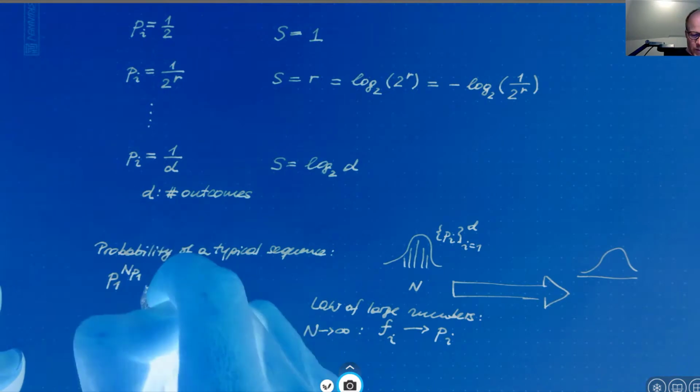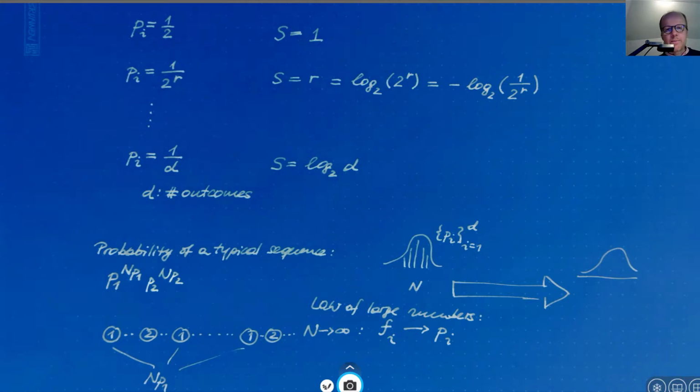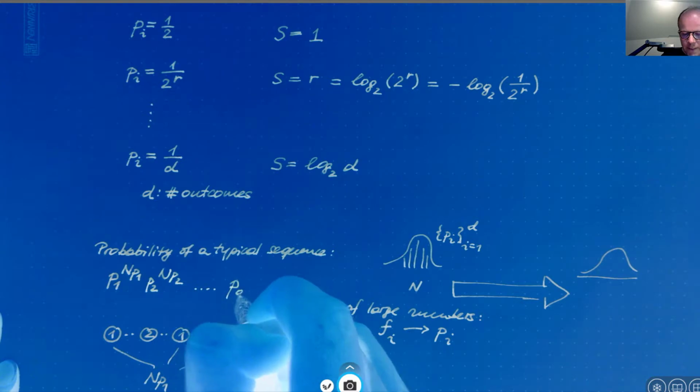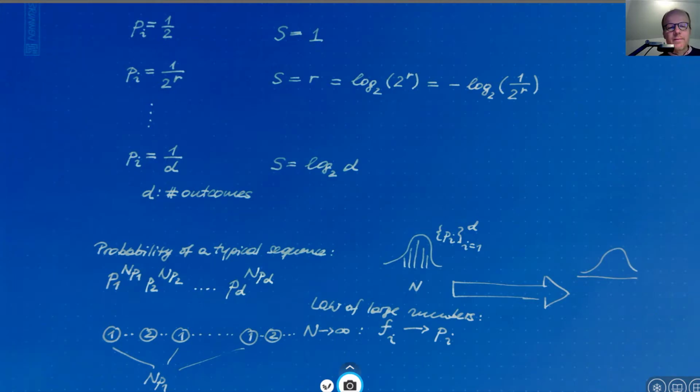The probability P2 will occur n P2 times. So you have that power. And so on, up to PD to the power n PD. That's the probability of one particular typical sequence. And in fact, that's the probability of any typical sequence. All typical sequences have the same probability, this probability here.